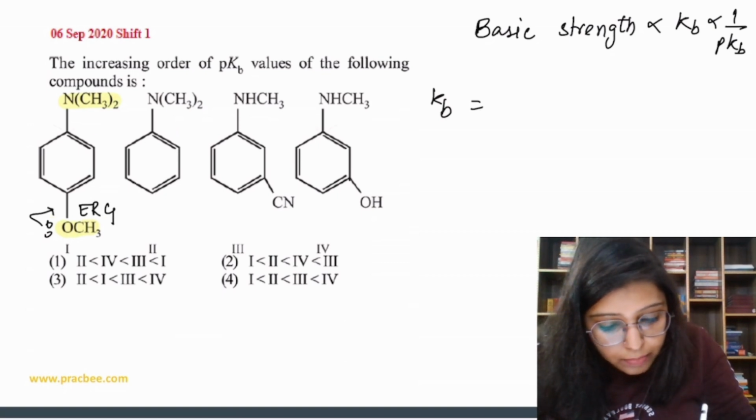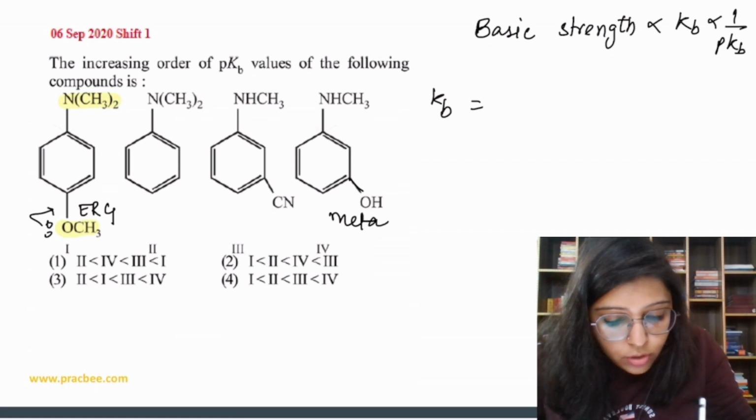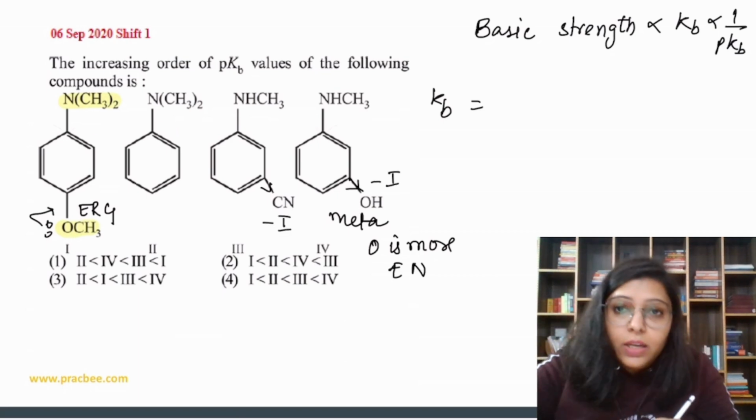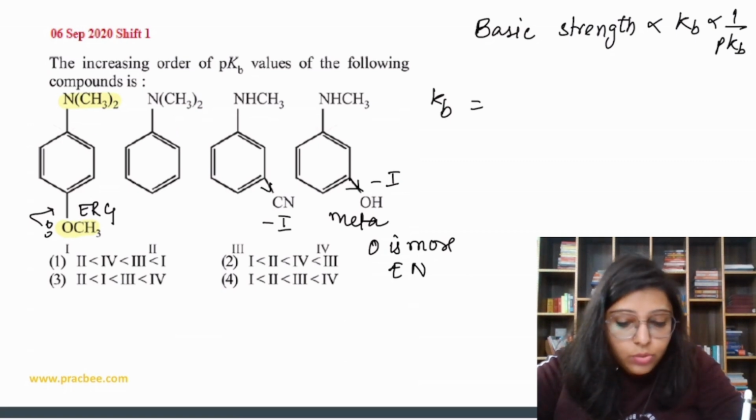Here at the meta position oxygen is more electronegative, so here we have a minus I effect. Same in CN we have a minus I effect. So the most basic is going to be the first one, then we have the second one.